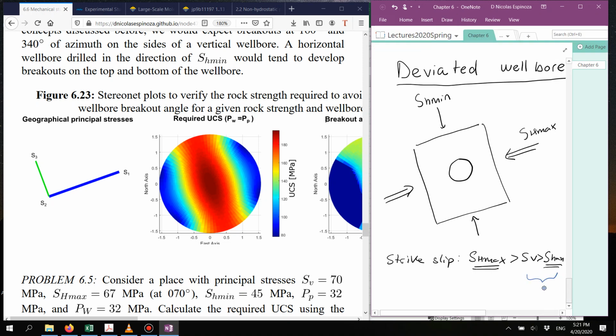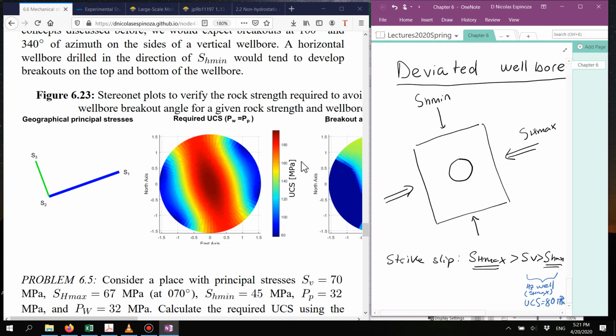This should be the wellbore that goes in the direction of SH max and requires an unconfined compressive strength of 80 MPa.